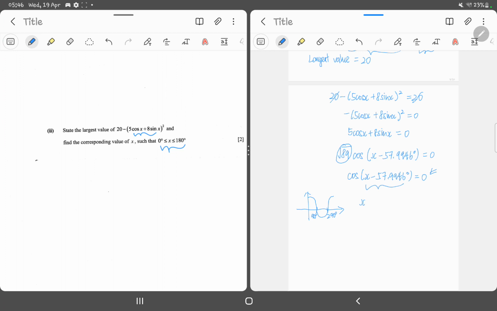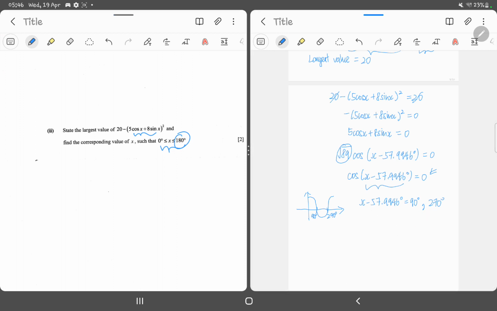So this means that x minus 57.9946 degrees equals to 90 degrees or 270 degrees. But you can clearly see that if I were to add this one over, it is actually more than 180 degrees for x.